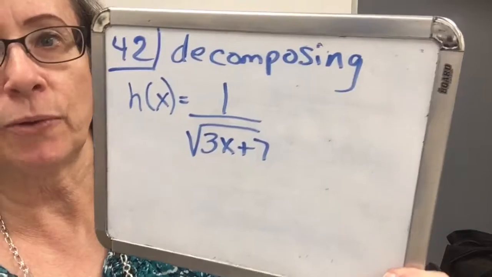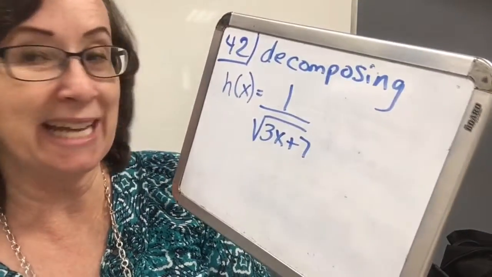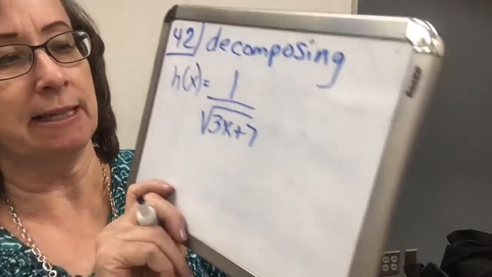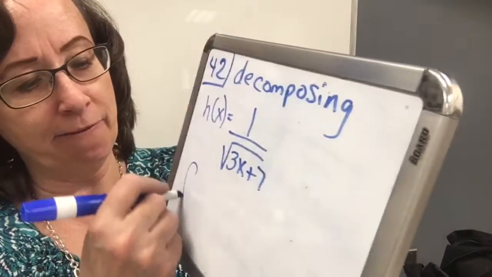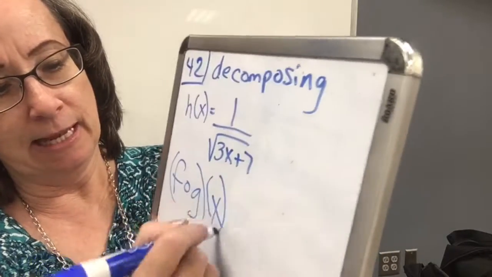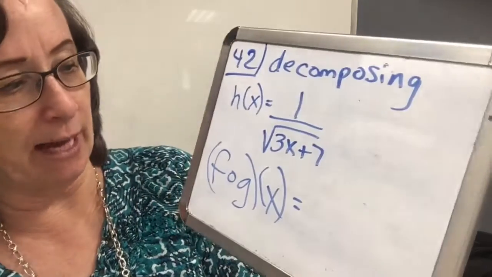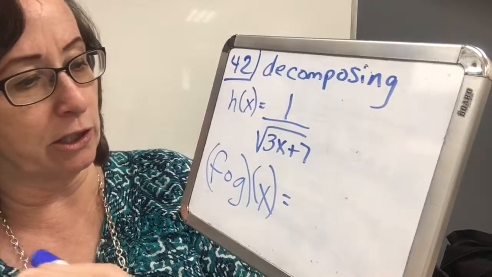Okay, so this is number 42, and we are decomposing functions, which means we're taking them apart into their pieces, and we want to make it so that f composite g of x is equal to this h of x. So our task is to find out what could f be and what could g be.